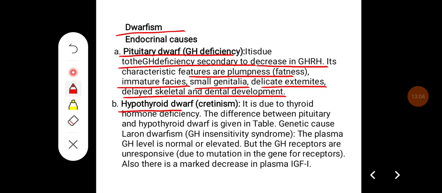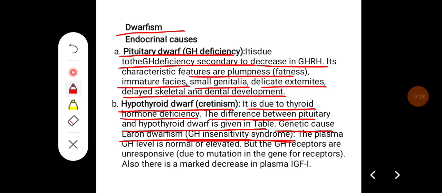And there can be hypothyroid dwarf, which occurs because of the deficiency of thyroid hormone in children, which is also called cretinism. The difference between pituitary and hypothyroid dwarf is given in the table. The genetic cause is Laron dwarfism, also called growth hormone insensitivity syndrome.